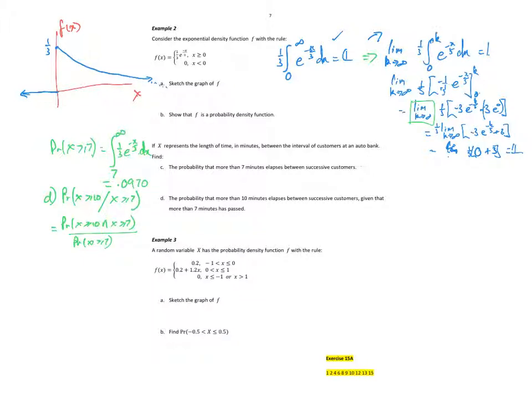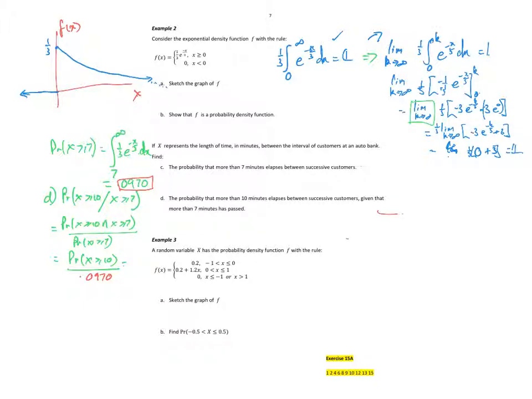So what interval satisfies the top line? What numbers are greater than 10 and greater than 7? Well, clearly it's just the numbers that are greater than or equal to 10. And the probability that X is greater than or equal to 7 is already worked out for us. So now I just have to work out X is greater than 10.